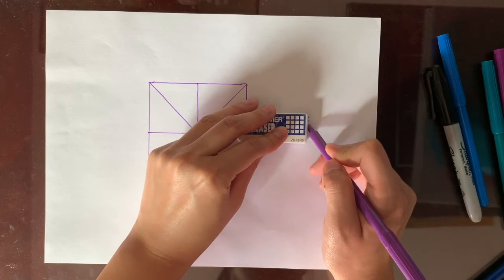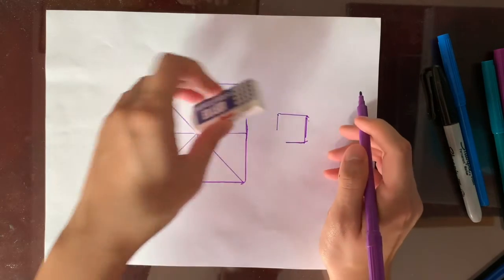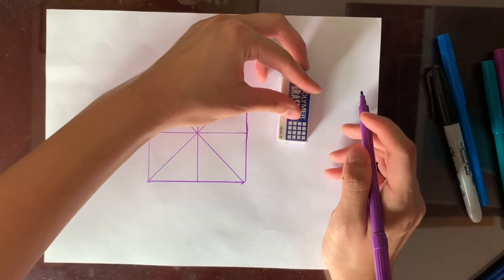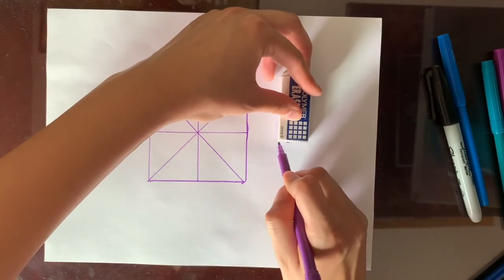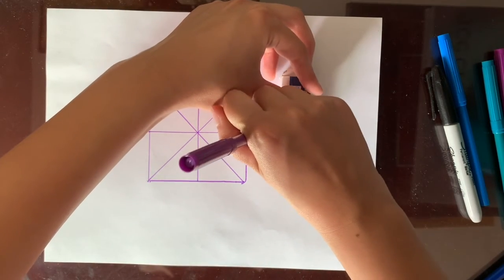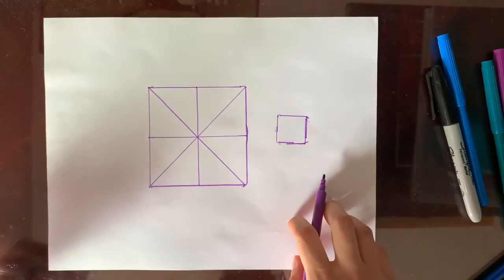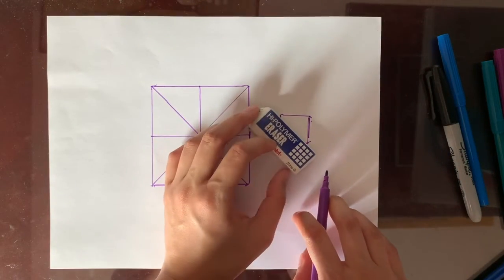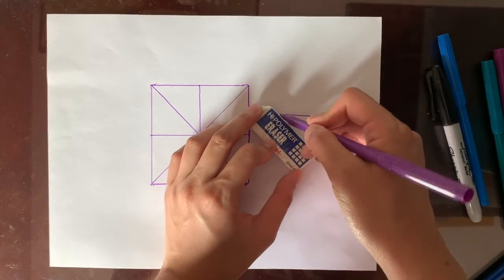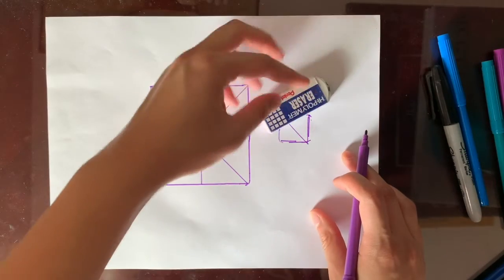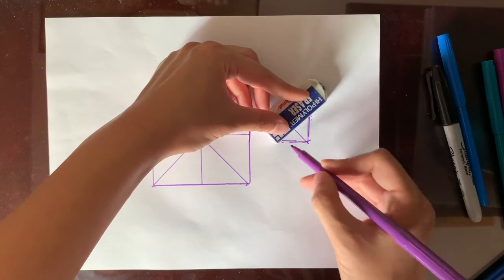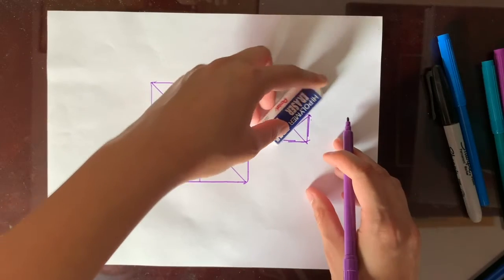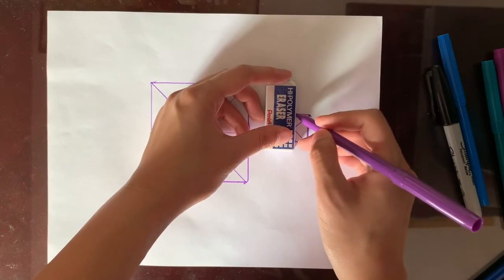And I can line it up in that corner again, trace the next corner, and then the final corner. And then again, I have a square that I can divide up into the segments. I like to do the diagonals first because you have a better reference point onto the corners of the squares, but it's really up to you.